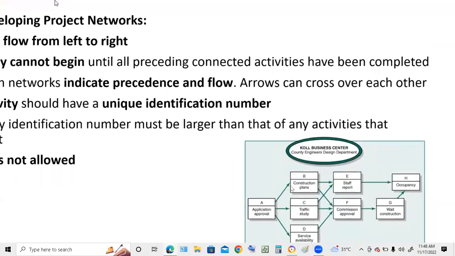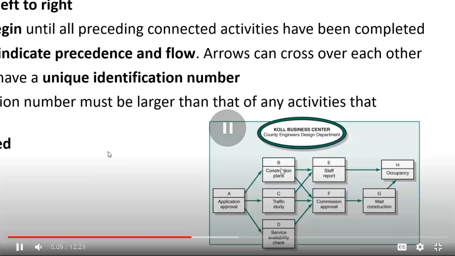So we can't have two things, for example, B and E, that loop back. Remember now, you can do looping in a flowchart in programming, but you're not doing this type of network diagram for a project.